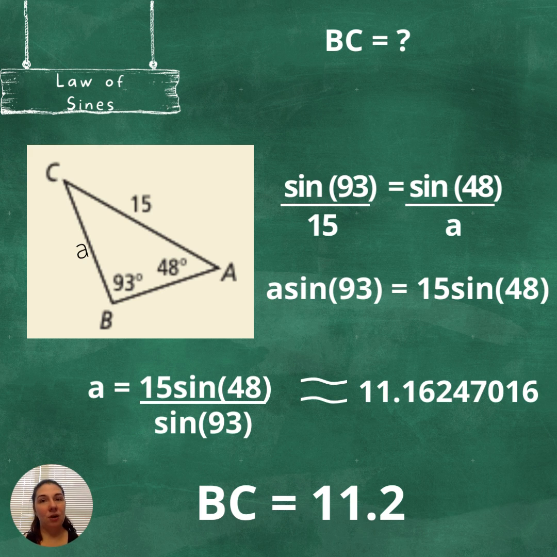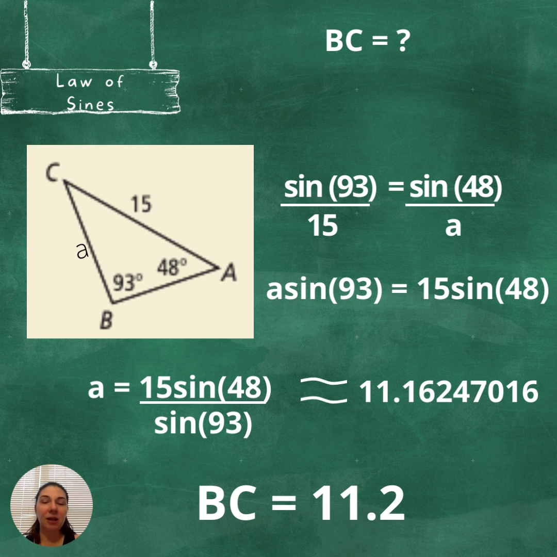That way you can get rid of the fraction. So a times sine of 93 is a sine of 93, and then 15 sine of 48. So we have a sine of 93 equals 15 sine of 48. You'd want to isolate a. Therefore, you would divide both sides by the sine of 93, and you would get that a equals 15 sine of 48 over the sine of 93.